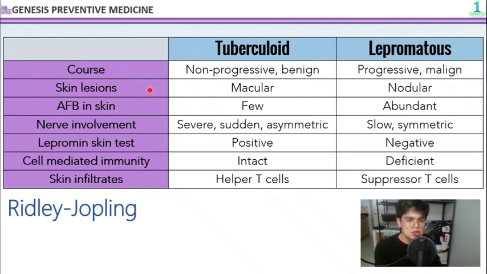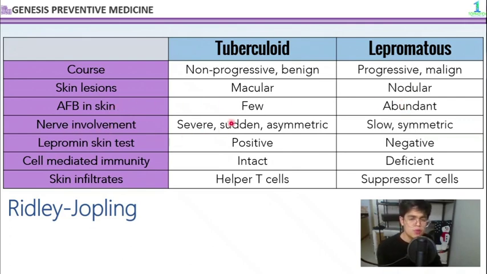Skin lesions are macular, small, and flat in tuberculoid leprosy, but nodular in lepromatous leprosy. The AFB found in the skin, the acid-fast bacilli, are few in tuberculoid, and in lepromatous abundant.